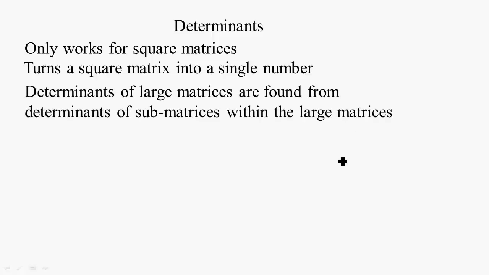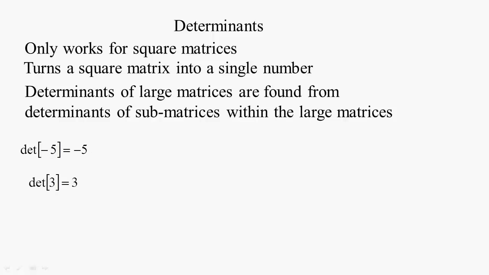And it turns out that determinants of larger size matrices are found from determinants of small portions, small square matrices within the larger matrix. So you can actually start by defining the determinant of a 1 by 1 matrix. For example, the determinant of the matrix -5, so this is a matrix with a single entry, this DET stands for take the determinant of, and the determinant of -5 is just -5.